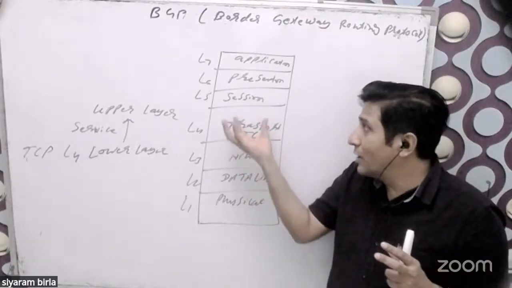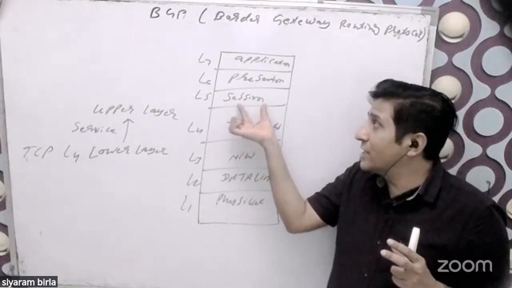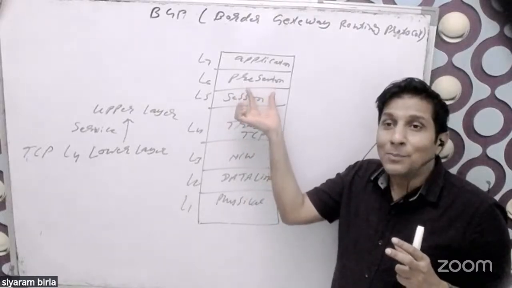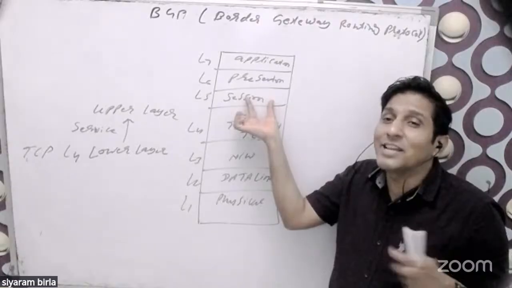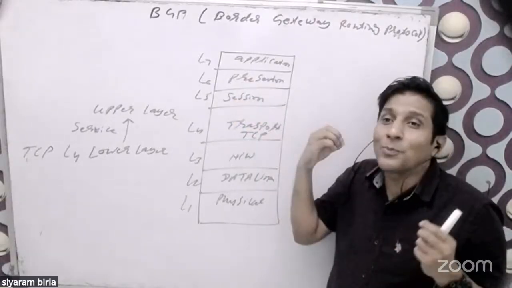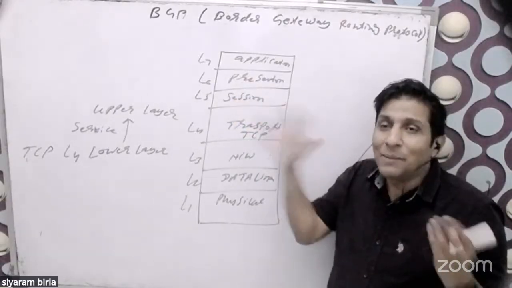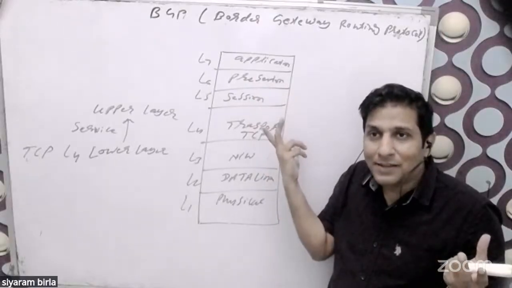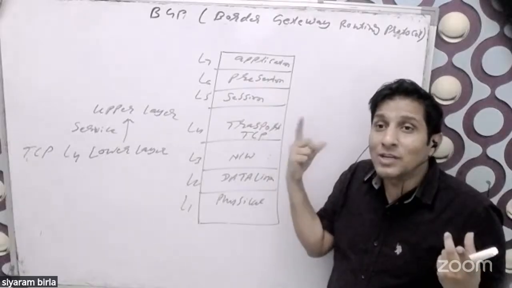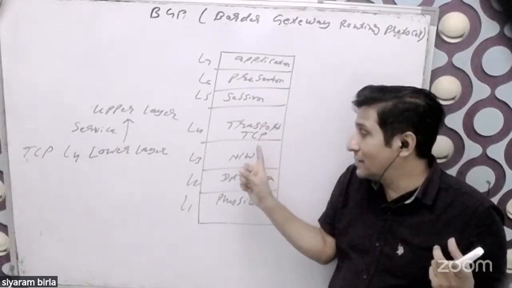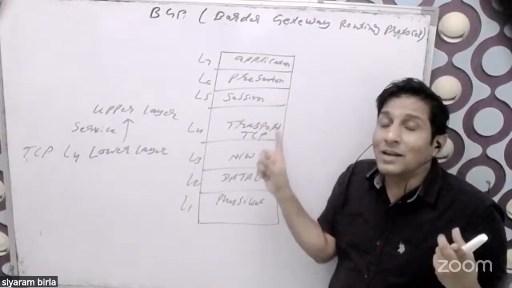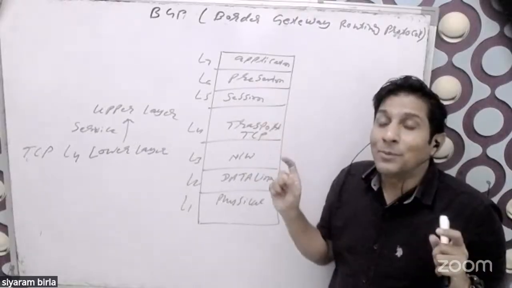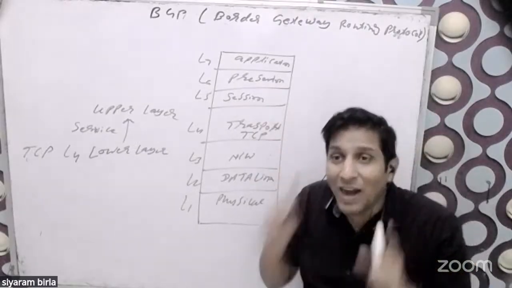So packet creation is not performed by the session and presentation layers, because the session layer works to provide sessions and the presentation layer works to provide the layout template. So these two layers do not create packets. So I need to put BGP at layer 3 or layer 7, but layer 3 I cannot, because the OSI model will fail.